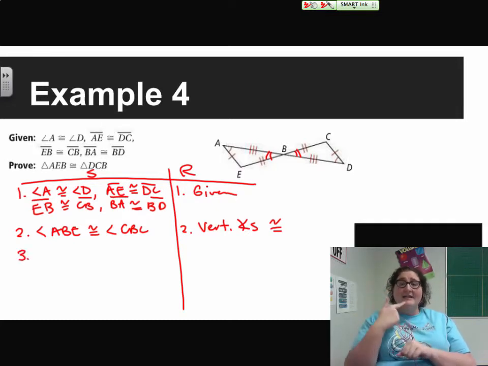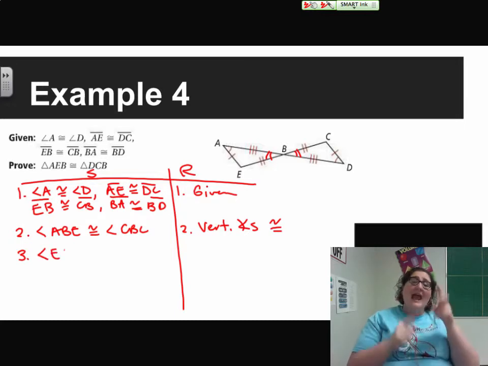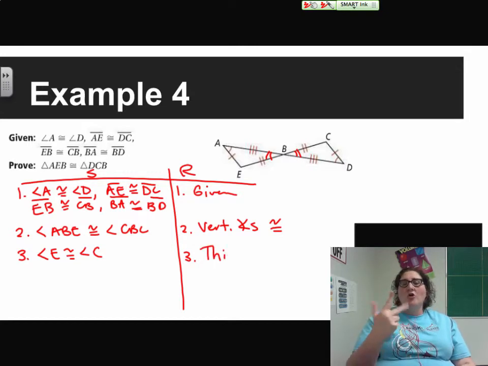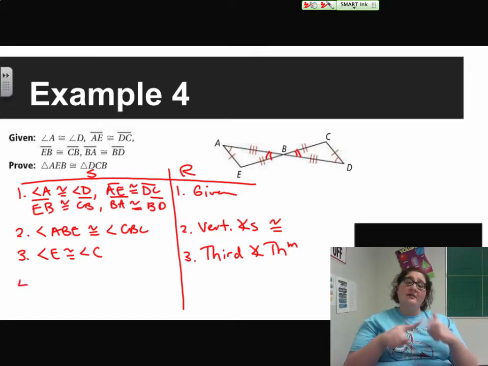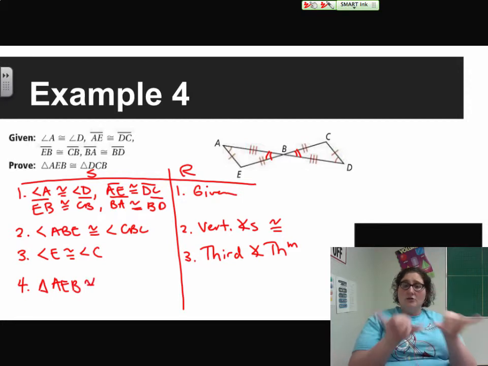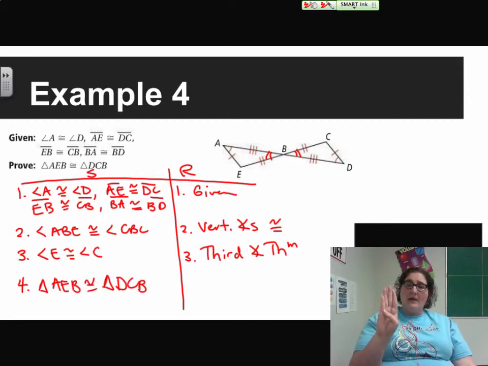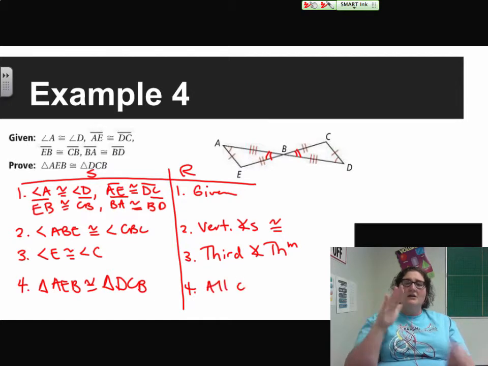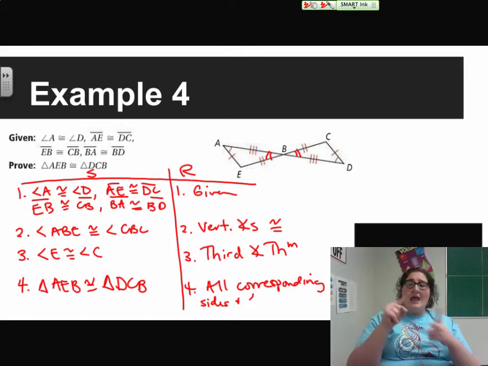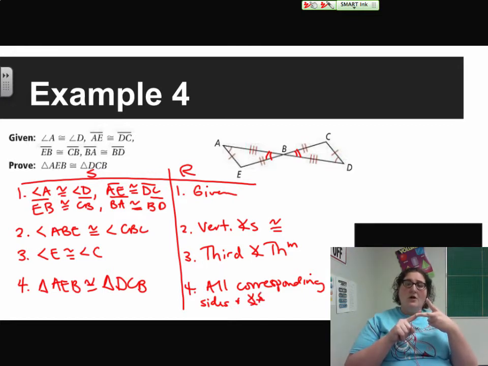I can say, because of the third angle theorem, angle E is congruent to angle C. And then I can say that triangle AEB is congruent to triangle DCB because all corresponding sides and angles are congruent.